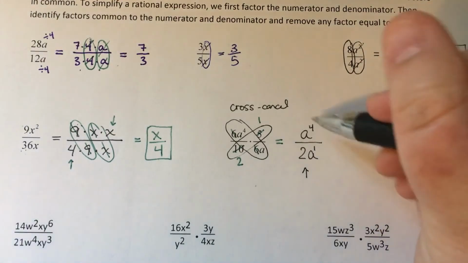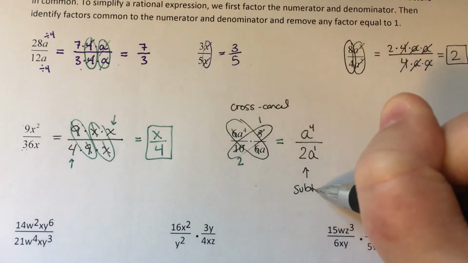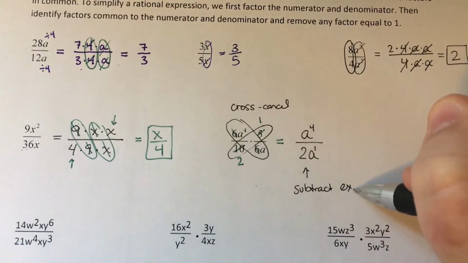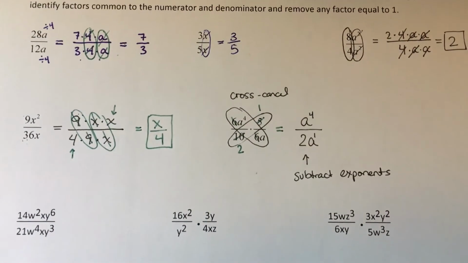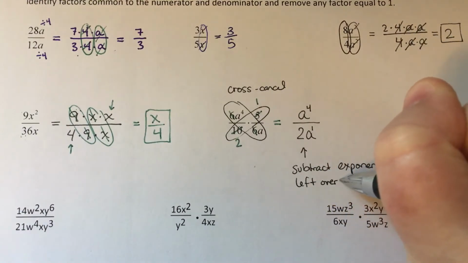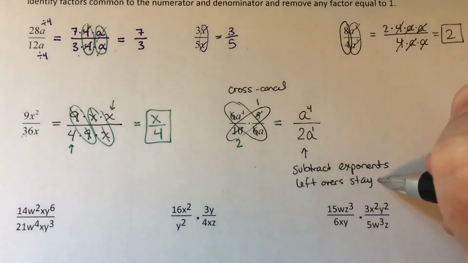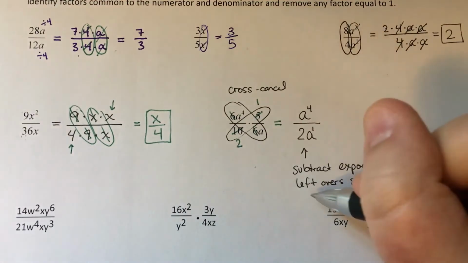So when we're doing variables to an exponent, we're going to subtract the exponents. And the leftovers stay on the side with the larger exponent. Leftovers stay on the side of the larger exponent.